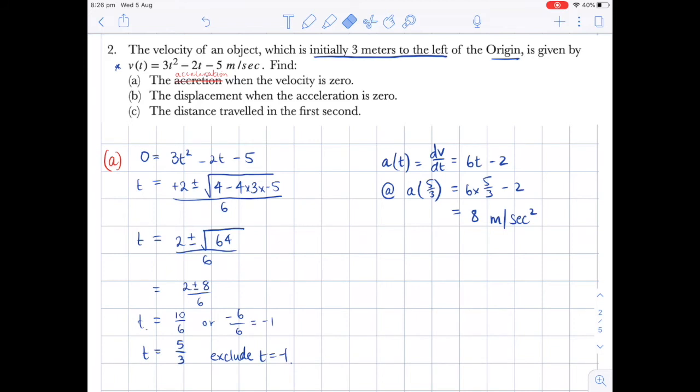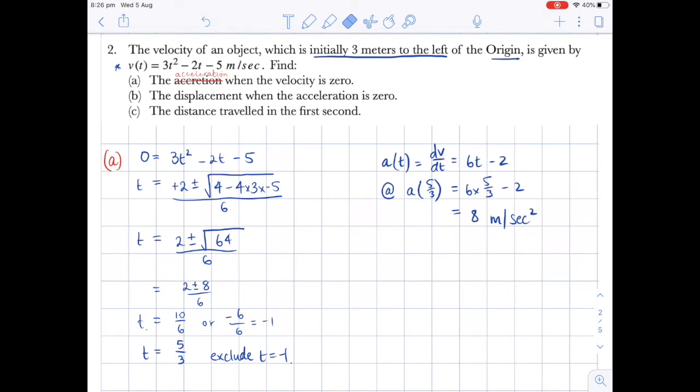Okay, finally for part C, the distance travelled in the first second. What I could do here is find an equation for the displacement, draw a graph of that equation, and then calculate what the total displacement is in that first part. I could also take some shortcuts and just assume that the particle is always travelling in the same direction in that first second.